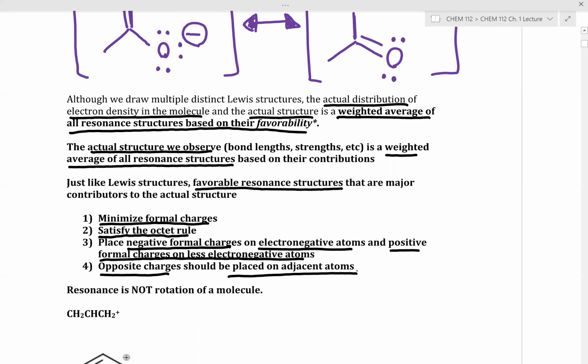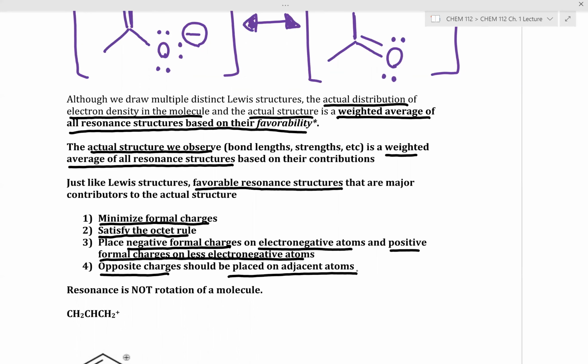So these rules are ranked in order of importance, just like with Lewis structures, right? What was our overall goal when drawing Lewis structures? So what was the first thing that we always focused on? Formal charges, and then right behind that is the octet rule. The reason why I have it in this order is that some atoms do not typically follow the octet rule, and the formal charges typically win out in many examples.